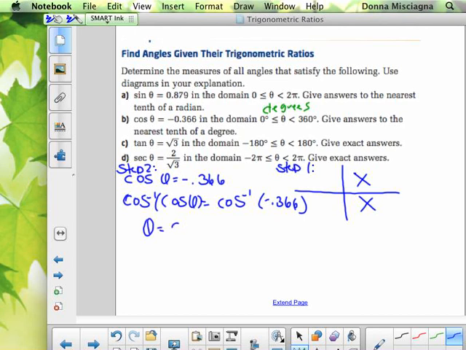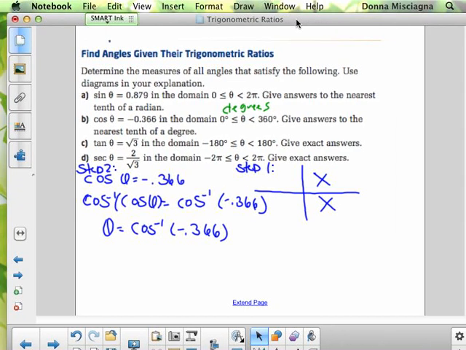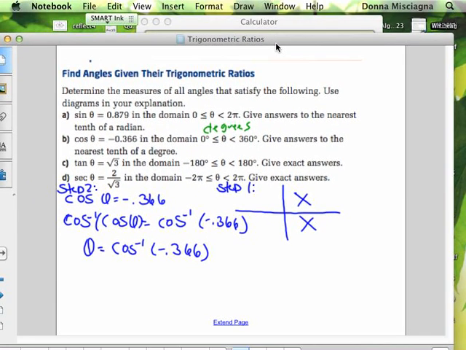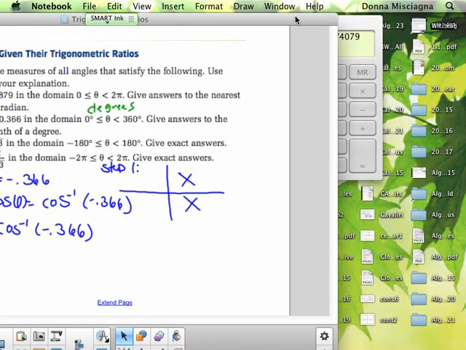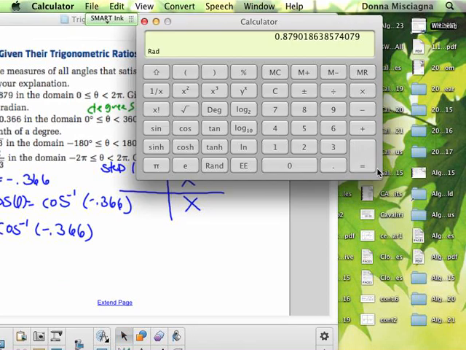On the other side, we can plug this into the calculator, but we need to make sure we're in the correct mode, and I don't think I changed it. The calculator likes to hide. All right, so we need to be in degrees, so let's go ahead and change that to degrees.